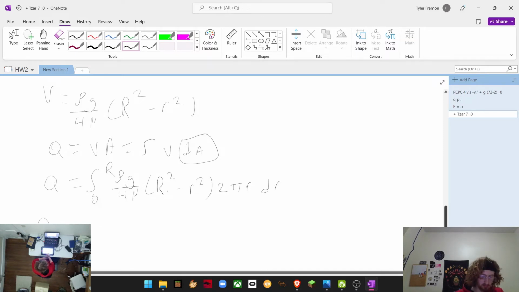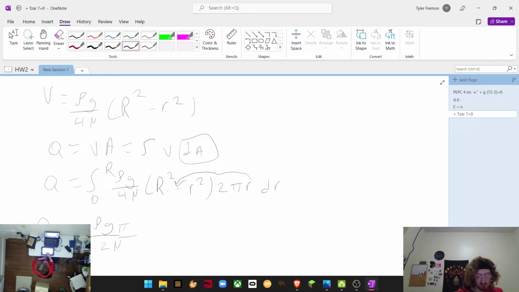We'll move part of this outside and integrate. So Q equals rho g over 4 mu, and actually that'll be times pi. And it's 2 pi, so the 2 and the 4 will cancel out and we'll have 2 mu. And then this r will multiply into these parentheses.